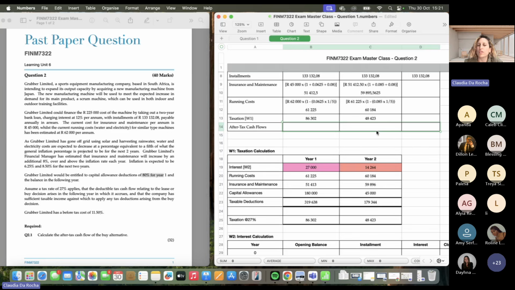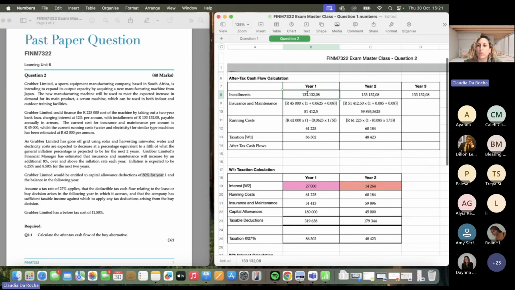And now we can do our after-tax cash flow. What is critical is that these are all negative amounts, so we need to show them as negatives.